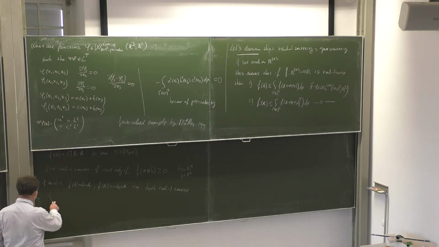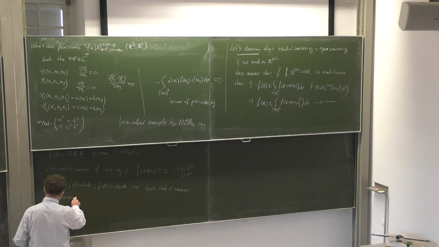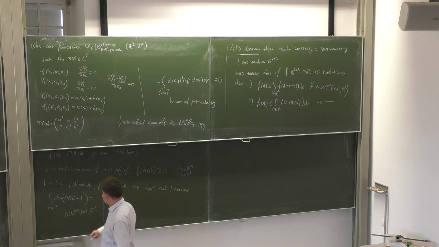So in particular, what we know, if you take the unit cube (0,1) to the power 2, and you calculate the integral of the determinant of grad phi of x plus F, where phi is a W^{1,infinity} function, 0 on the boundary, say from (0,1)^2 to R^2, but it works for any dimension.